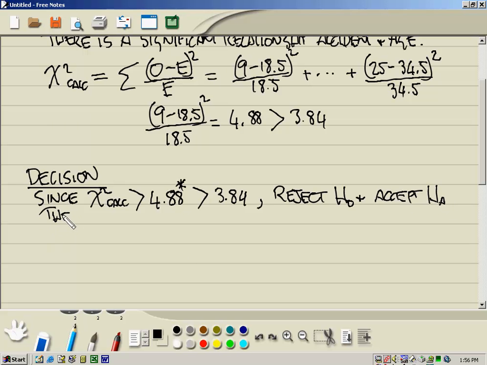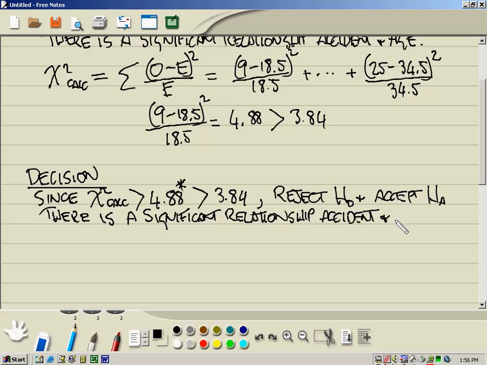Alright, there is a significant relationship between our two variables, age and accident, or accident and age. Okay, and that's the end of that problem.